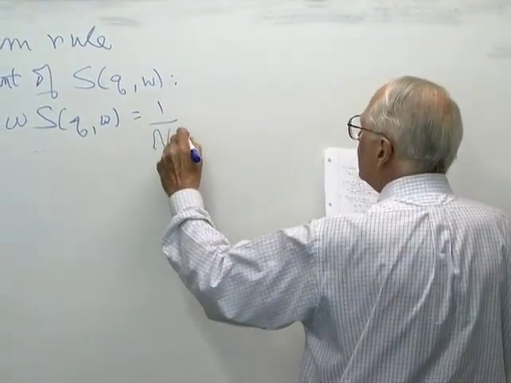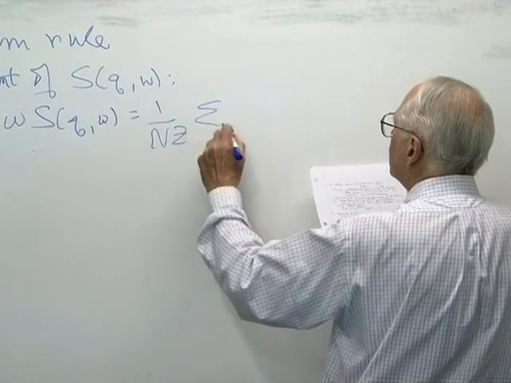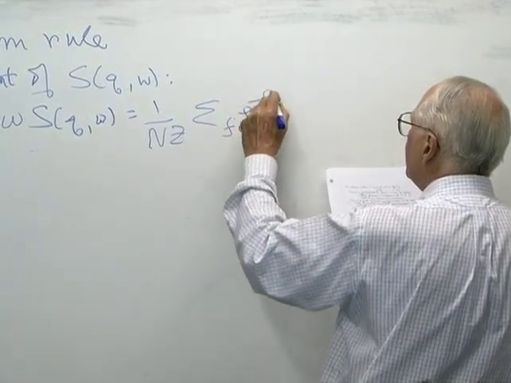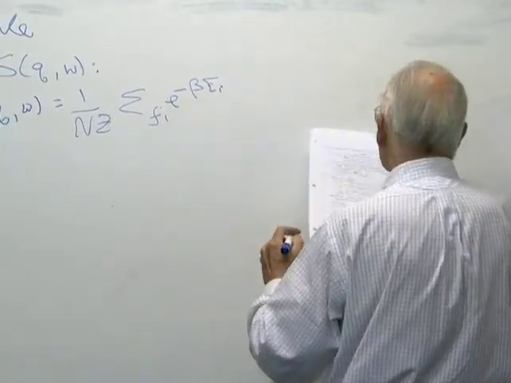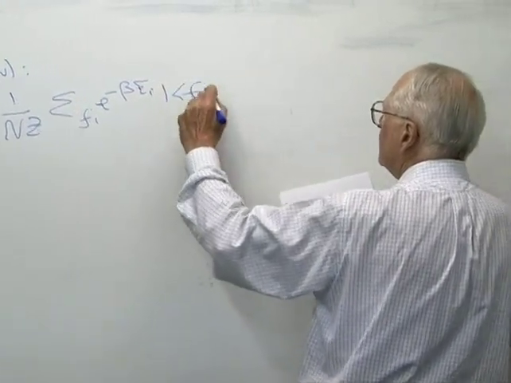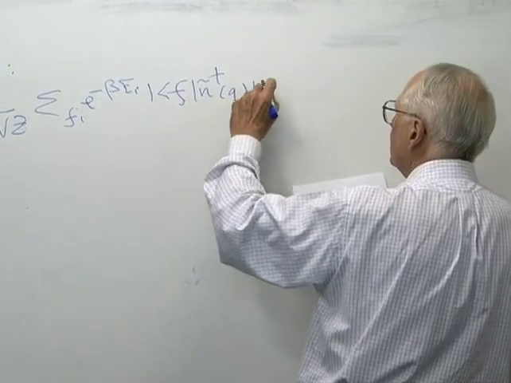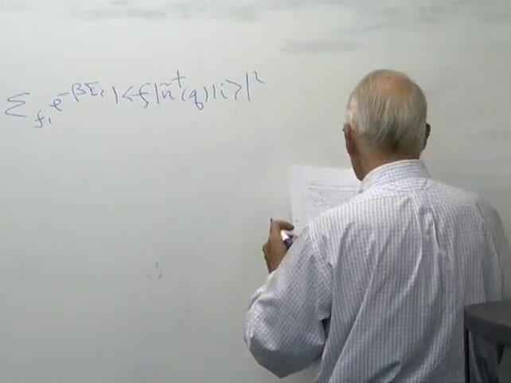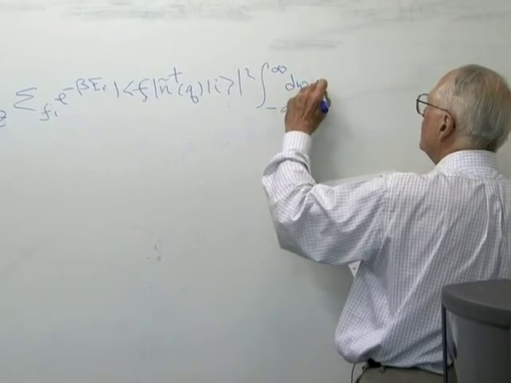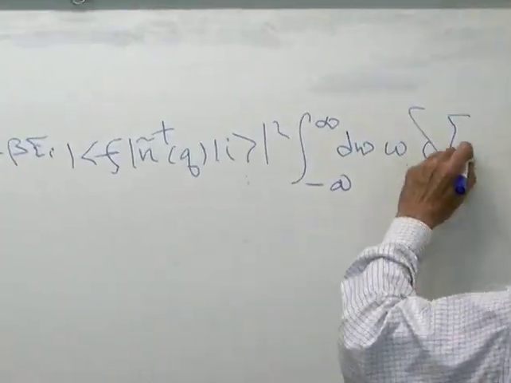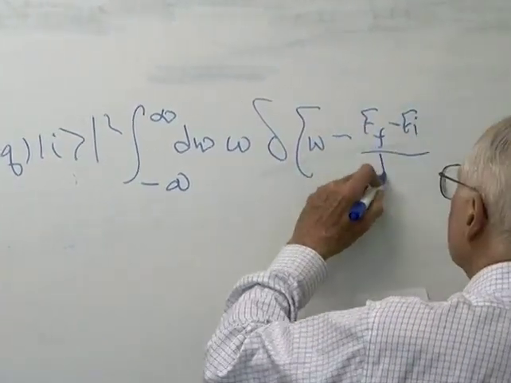1 over n z, sum on f and i, e to the minus beta e i, the matrix element of n adjoint of q between f and i squared, integral minus infinity to plus infinity d omega, omega, delta of omega minus e f minus e i over h bar.